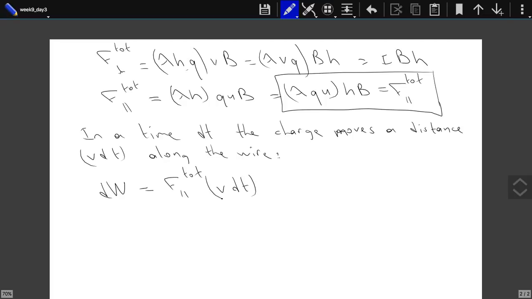This should be the work done by the battery, which is lambda q u v h b dt. Again, lambda times q times v h b u dt.